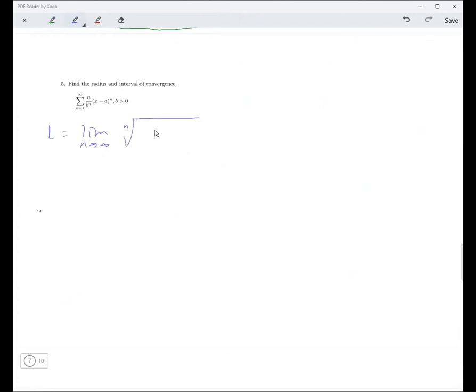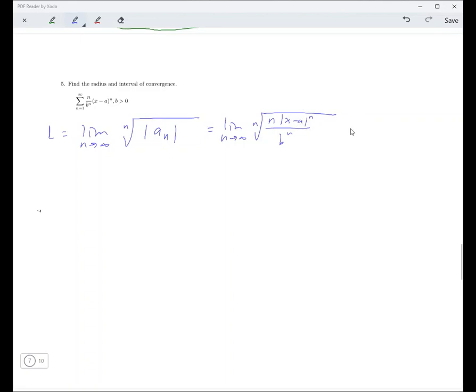So you have the nth root of a sub n, which is n times x minus a to the n over b to the n. Since b is greater than 0, we don't have to worry about the absolute values on that.